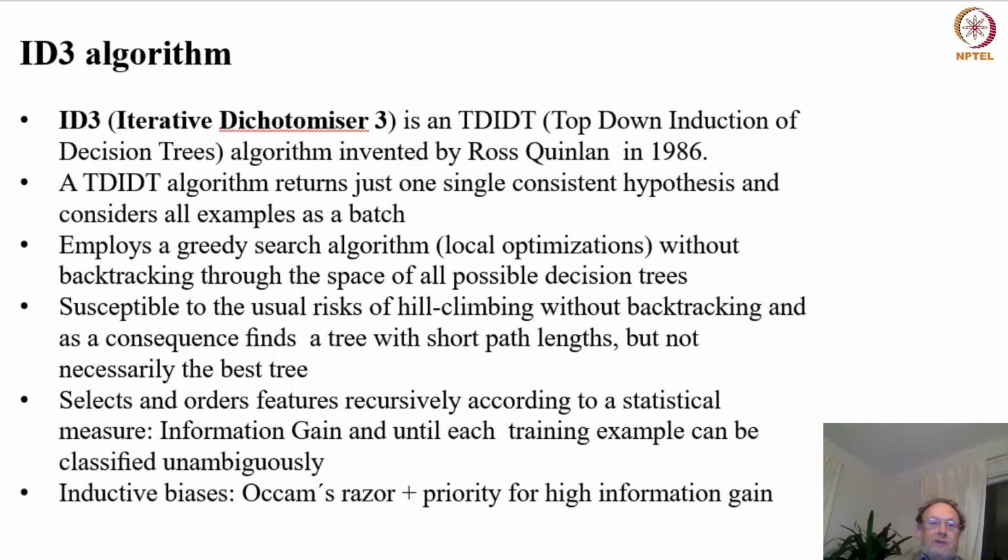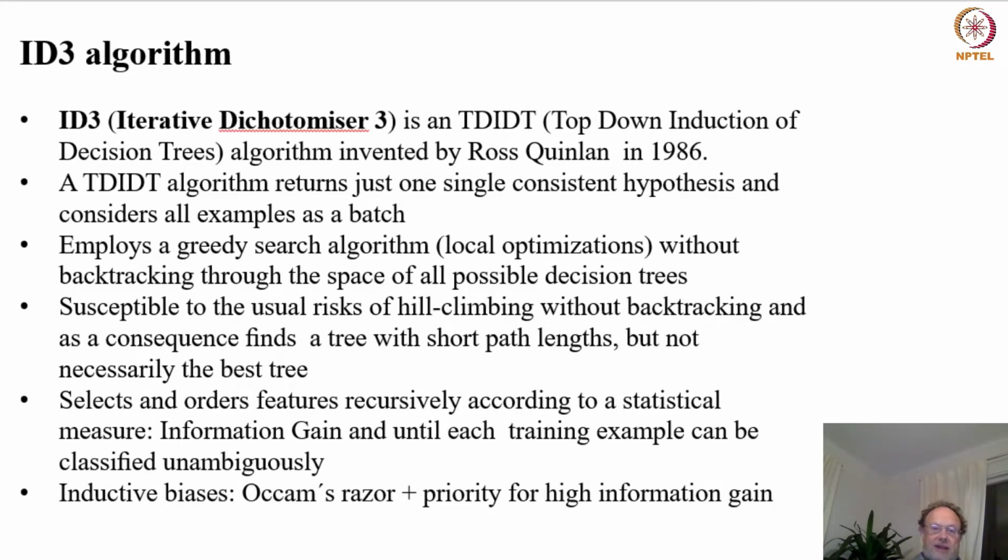This kind of algorithm employs a greedy search, which means that it performs local optimizations without backtracking through the space of all possible decision trees. Obviously, it's susceptible to the usual risk of hill climbing without backtracking, and as a consequence finds a tree with a short path length, typically, but not necessarily the best tree.